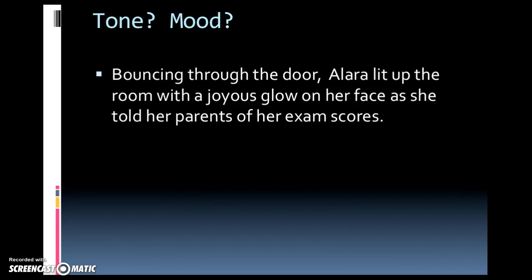Bouncing through the door, Alara lit up the room with a joyous glow on her face as she told her parents of her exam scores. What I want you to do is look and try to determine the tone and the mood of this passage. What you'll need to look for is particulars as far as what word choices they made in order to convey the tone and the mood.